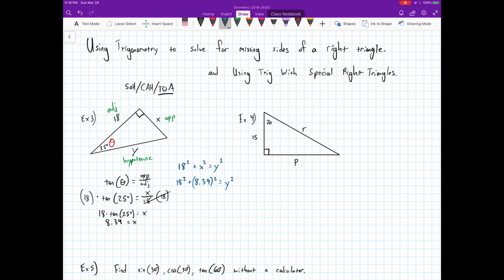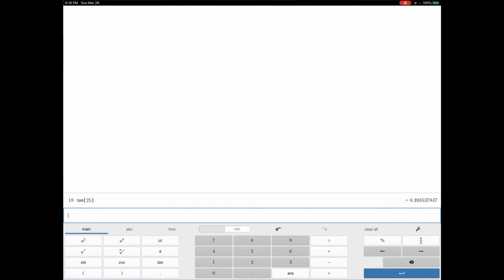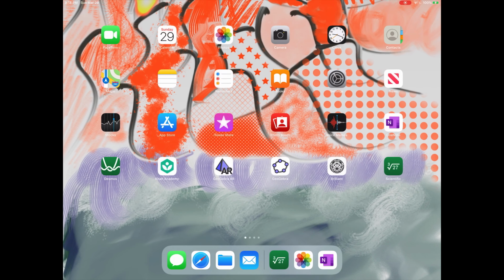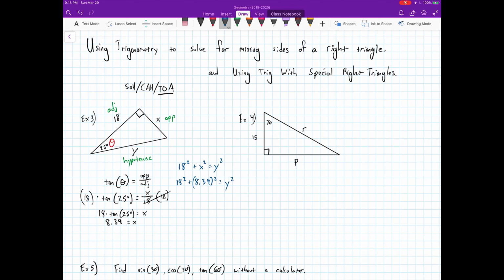Right, go back to the calculator. 18 squared plus 8.39 squared is equal to 394.39. So 394.39 is equal to y squared.